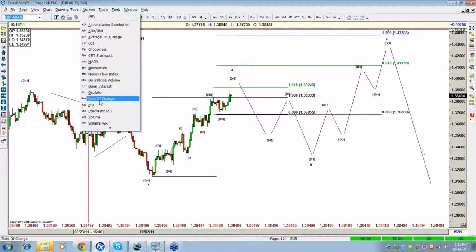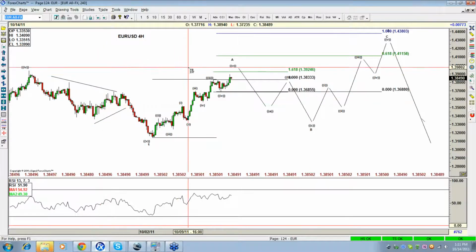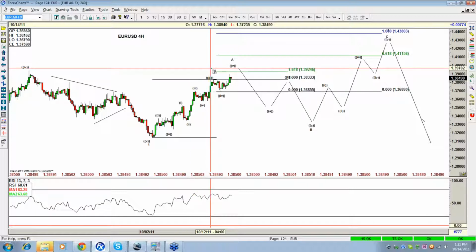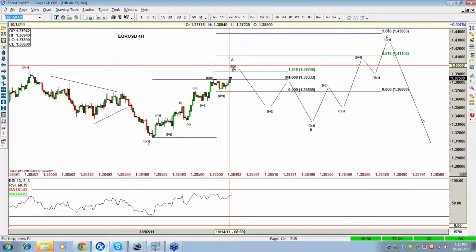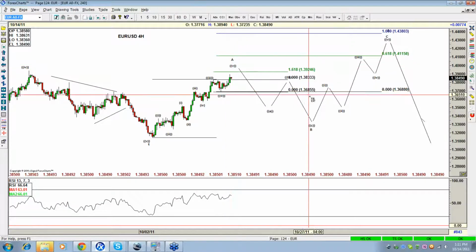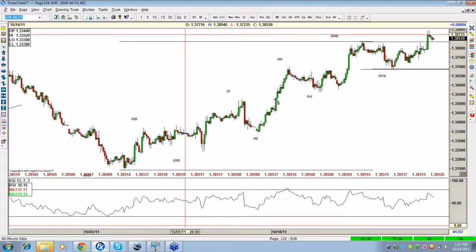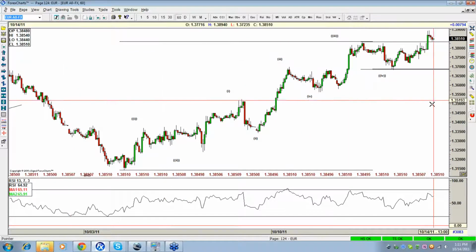Looking at the RSI, this is wave 3 of 3, right there. It reached 72.37, and this today read 68. So there is divergence there, downgrading the RSI a little bit.